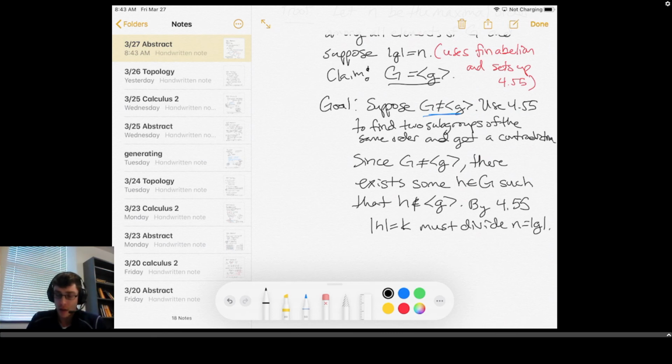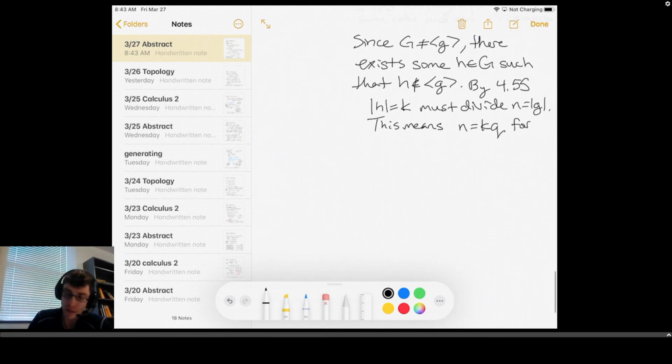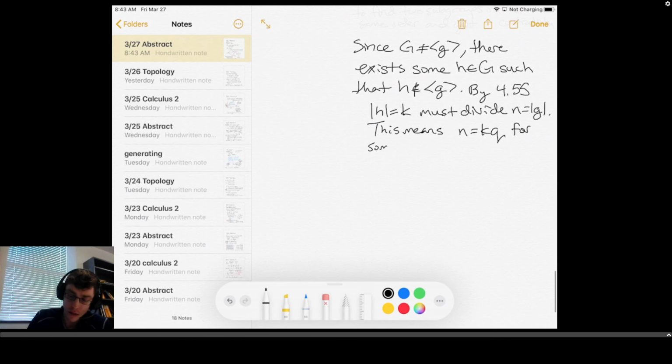So this means n is k times q, say, the quotient, for some q in the integers. Now that we have this element, I just want its order.